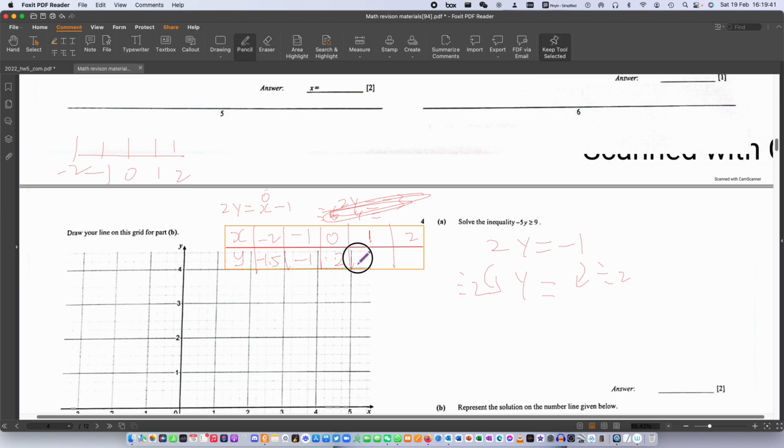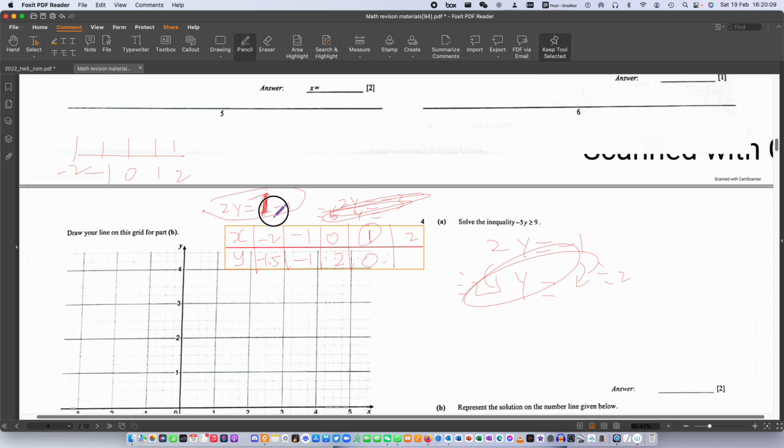Do you know why you need to double check all the answers? Because if one of them is wrong, the rest is all wrong. So do it step by step. So you put the 1 in. 2y equal to 0. I put the 1 in. 0.